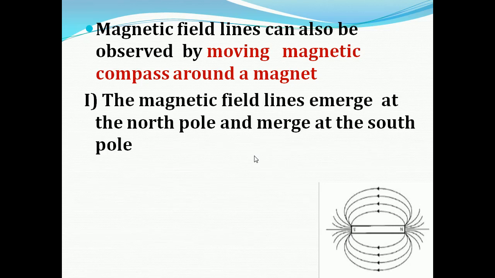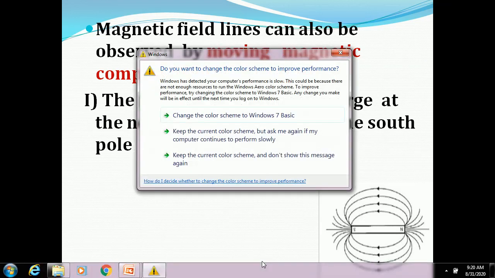Now we can see an important question, that is properties of magnetic field lines. Very important 3-mark question, children. Please listen carefully. The first property is very easy. The magnetic field lines emerge at the north pole. We know the direction of a magnet is from north to south pole.